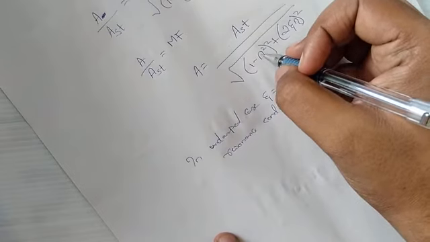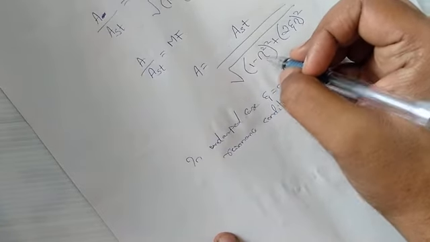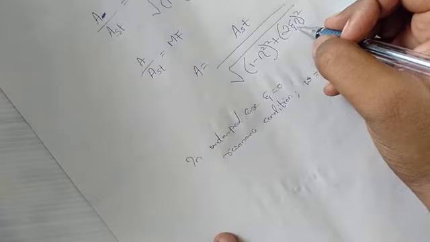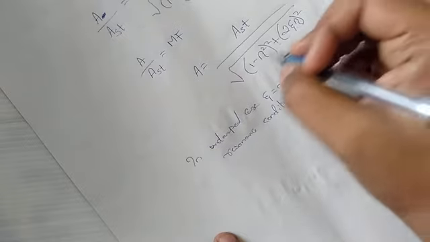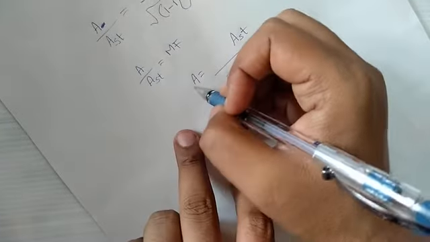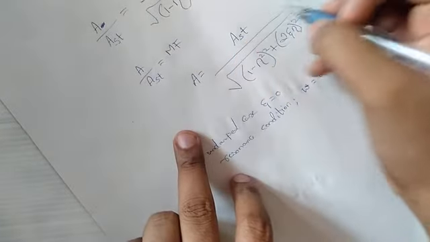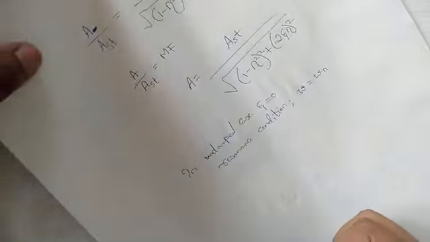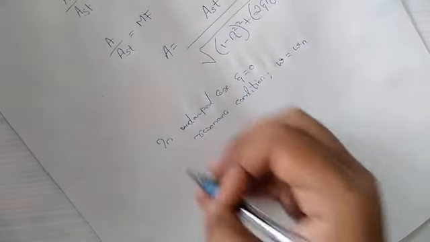This would be 1 minus 1 is 0, and zeta is 0 for an undamped case, so 0 plus 0, so the denominator is 0, and so the A, that is the steady state amplitude, would be infinity. So that is the peak amplitude for an undamped condition.